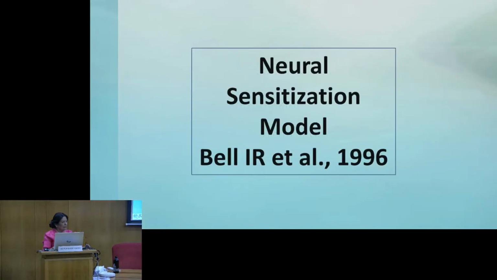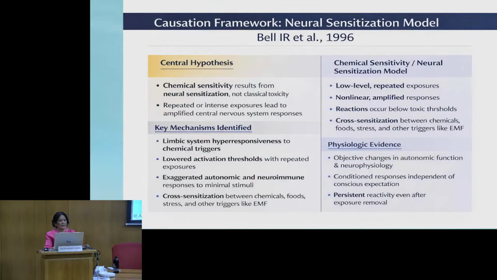So then Dr. Iris Bell also described this neural sensitization model, and in that she emphasized that chemical sensitivity results from neural sensitization. Repeated or intense exposure leads to amplified central nervous system response.